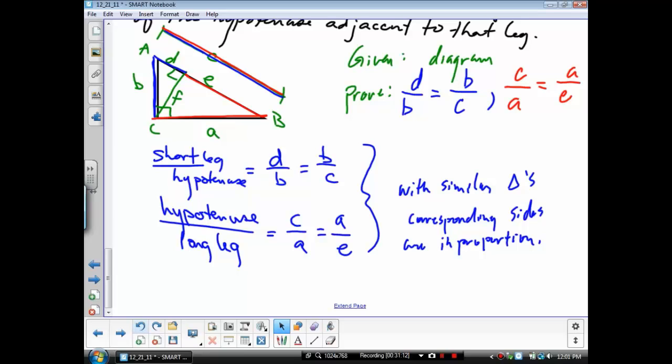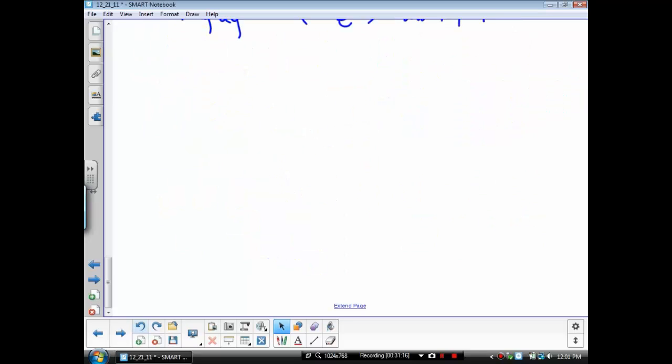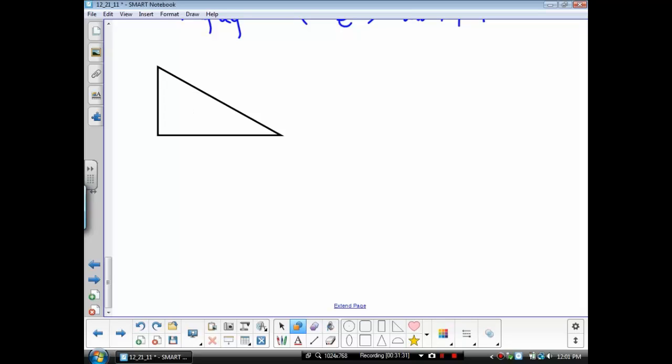Okay? So when I draw a brand new diagram where we can't see any of that information, first I'm going to keep the orientation exactly the same as what we had before. When we put that altitude in there, try to make it a right angle again.